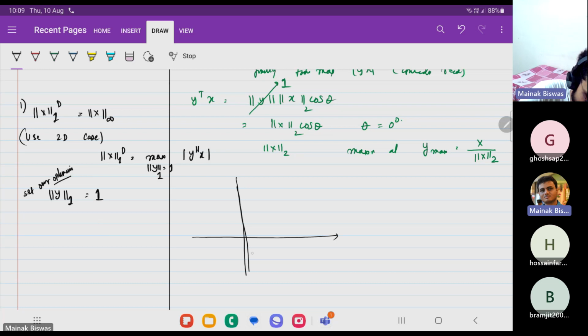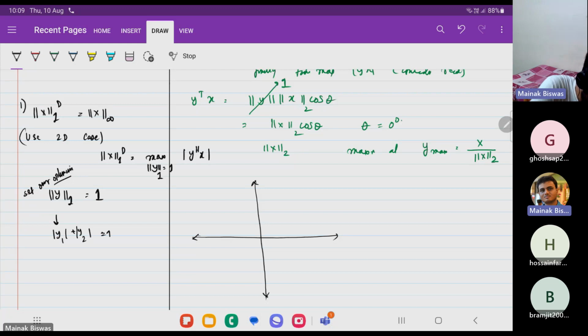It's the L1 norm, right? It will be like a rhombus, exactly not rhombus, it's a square, right? Every square is a rhombus also. It will be a square only because the angle will be 90 degrees. Yes or no? This is your optimization set.